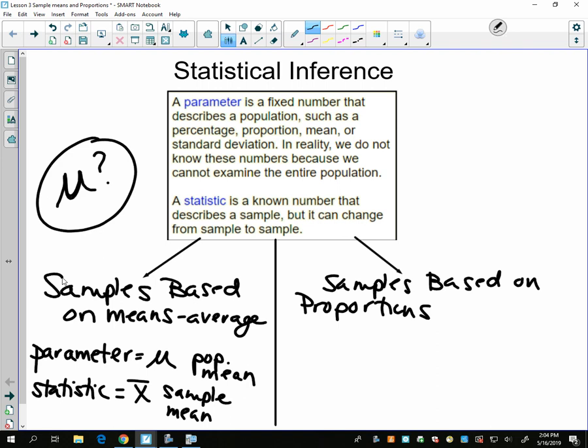Okay? Then you have samples based on proportions. And what's proportions? Fractions, and fractions we usually convert into decimals, which then can be converted into percentages. Good. Okay. So the parameter for sample proportions is p, the letter p, and that's the population proportion.